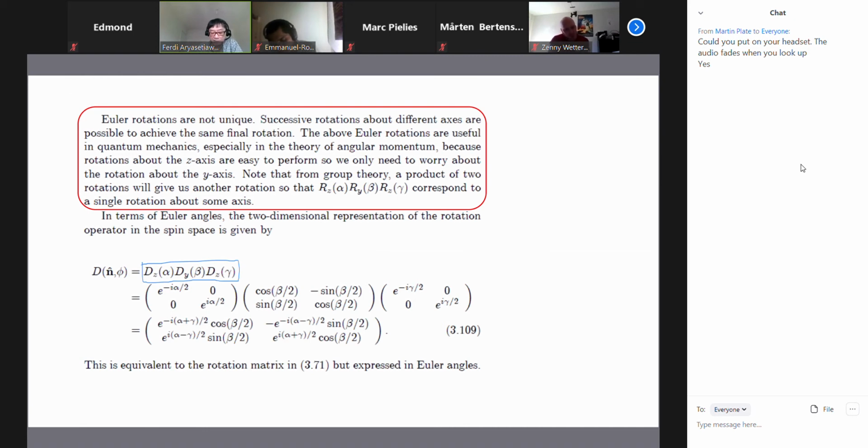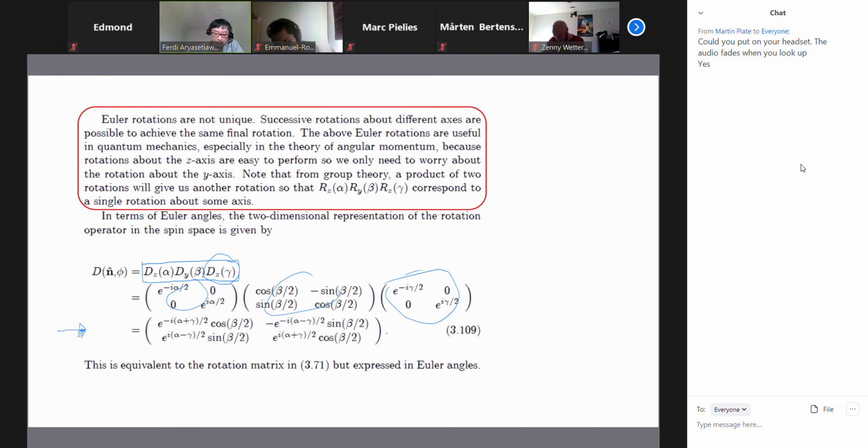We just have to replace each of these with the given rotation matrices and multiply them out. Then we get this representation of the rotation matrix in terms of the Euler angles.